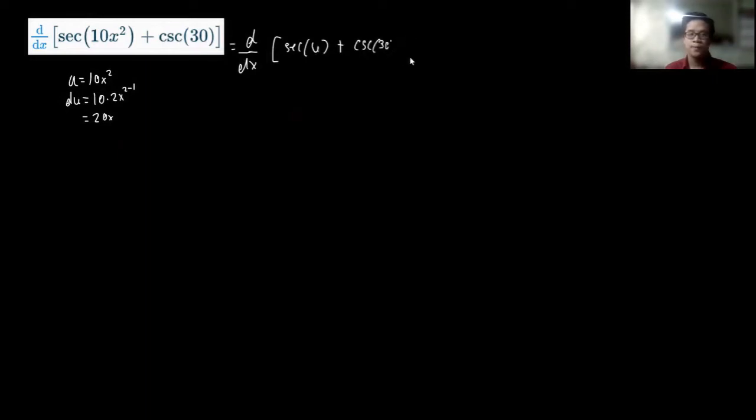So the derivative of secant is secant again. Copy the input u times tangent u, times, don't forget your du. Plus, again, this is a constant, so this is 0.